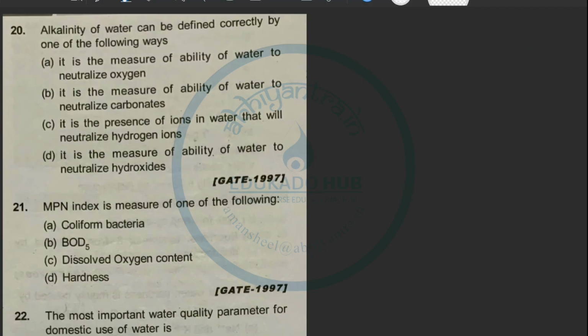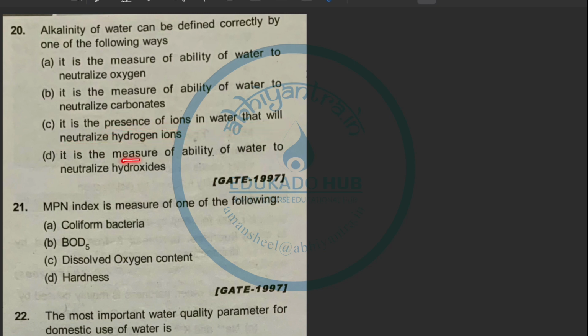Question number 20: alkalinity of water can be defined correctly by one of the following ways. There are 4 options. One, it is the measure of ability of water to neutralize oxygen. Next, the measure of ability of water to neutralize carbonates. Next, the presence of ions in water that will neutralize hydrogen ions.